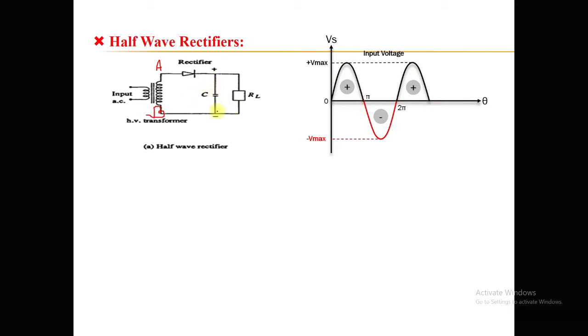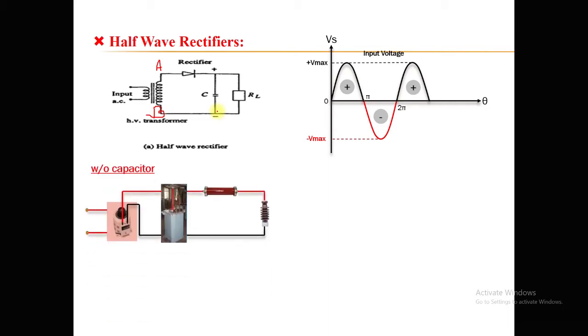Let us take the first case, without capacitor. You can see in this circuitry that the capacitor is disconnected. So how does this circuit behave, and what could be the impact that you can observe across the load side.